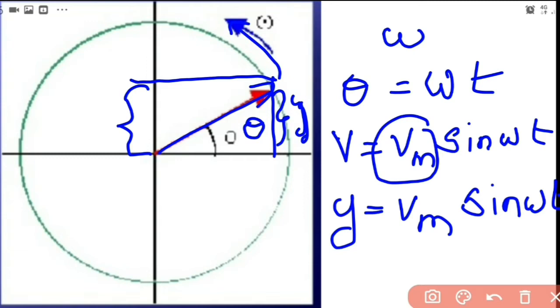That means when the phasor rotates about the origin, the projection on the y-axis represents an alternating voltage or alternating current. So this method we use to represent a scalar quantity which is varying sinusoidally.